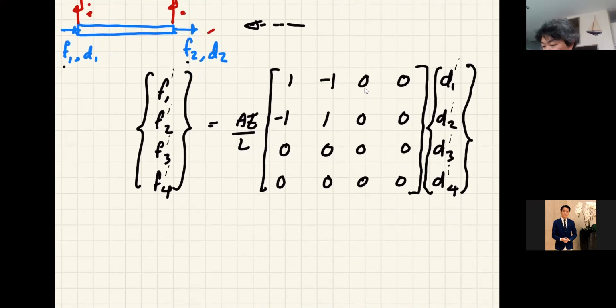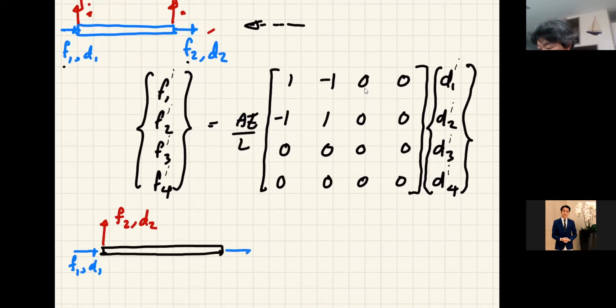Same member, but in the real world, you tend to see things like this more often than not. They call this F1, D1, but this is generally called F2, D2. You get everything over for the first node first, and then this becomes F3, D3, and then this becomes F4, D4. So when I change the order like this, how do you think our matrix is going to change?